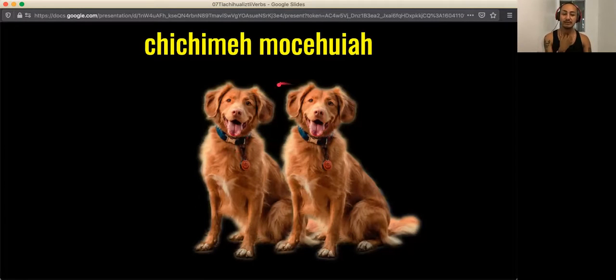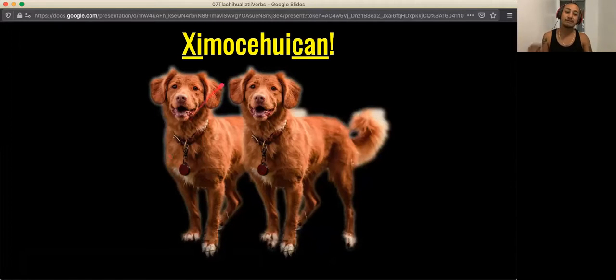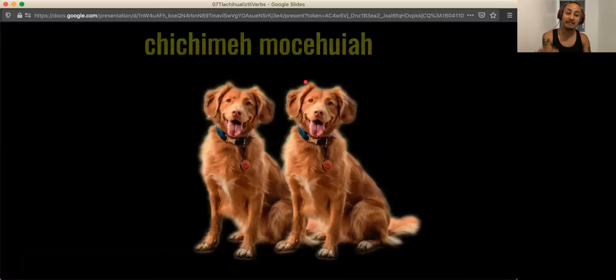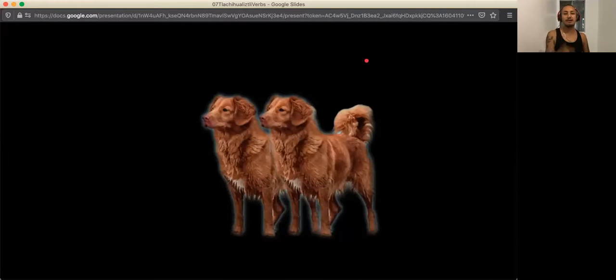Here we're stating the fact that the dogs are sitting, whereas over here, when they were standing and we're telling them sit down, we're giving a command. We're saying do this. So that's when you need to add the kan. Whereas when you're stating the fact that they're sitting, you're just adding the H. So it's what are you doing? Does that make sense? Okay, so now try it again. Tell these dogs to walk.